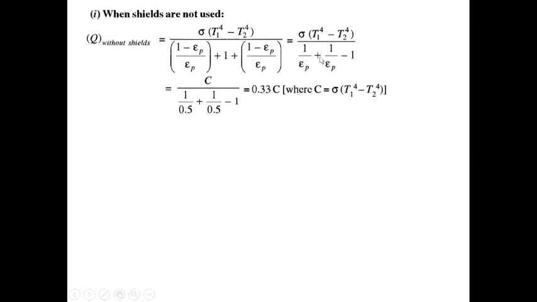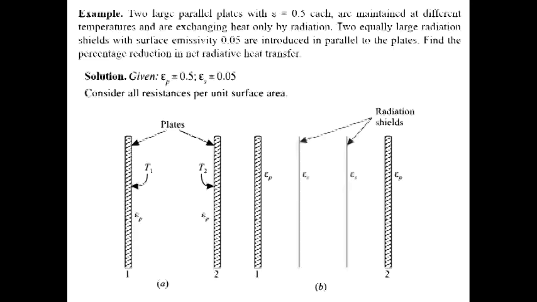From this we get twice epsilon p minus 1. So this will be 0.33 into C. Here C equals the upper term, sigma into T1 to the 4 minus T2 to the 4, because T1 and T2 are not given. This is Q without shield. Now here we use two radiation shields. For two radiation shields, you all know.